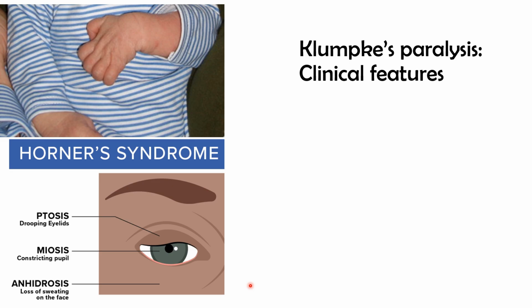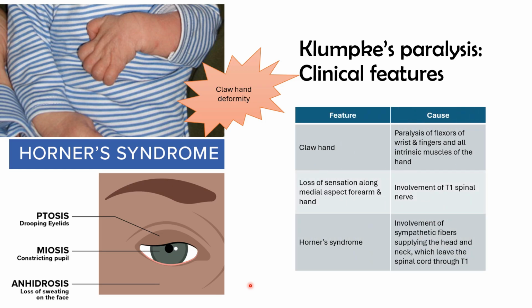Now let's look at the clinical features of Klumpke's paralysis. The typical deformity which we see here is the claw hand deformity, and this deformity is mainly because of the paralysis of flexors of the wrist and fingers and involvement of all the intrinsic muscles of the hand.